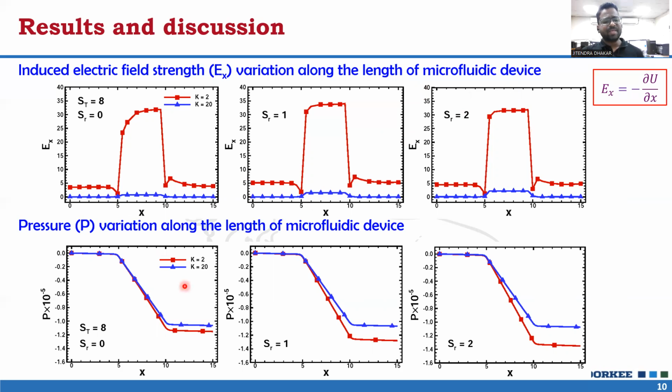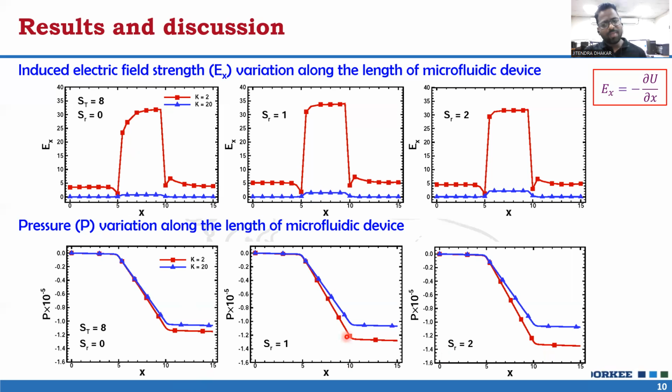Now, pressure P variation along the length of the microfluidic device for various surface charge ratio and at ST equal to 8 and K equal to 2 and 20. So the absolute value of the P decreases with increasing inverse length from 2 to 20 or EDL thinning.